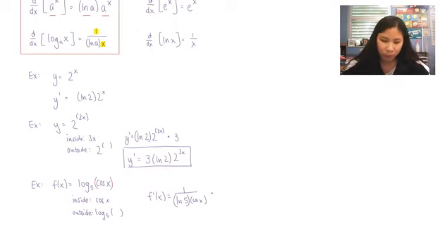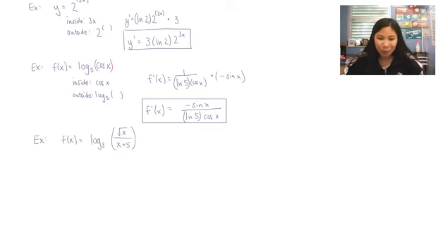And then we'd need to multiply this by the derivative of the inside, and the inside was cosine of x, so the derivative would be negative sine x. Okay, so multiplying this out, we're going to get negative sine x on top, natural log of 5 times cosine x on the bottom. Nothing crazy there to simplify. That's it.